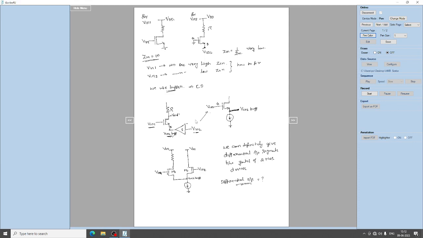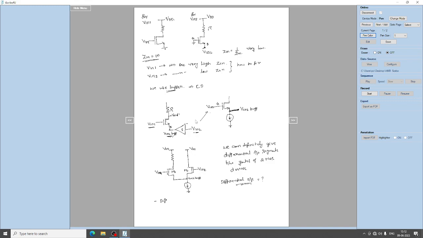Earlier we informed that the differential output is the measurement of two nodes with signals having equal magnitude but opposite in direction. We defined that.